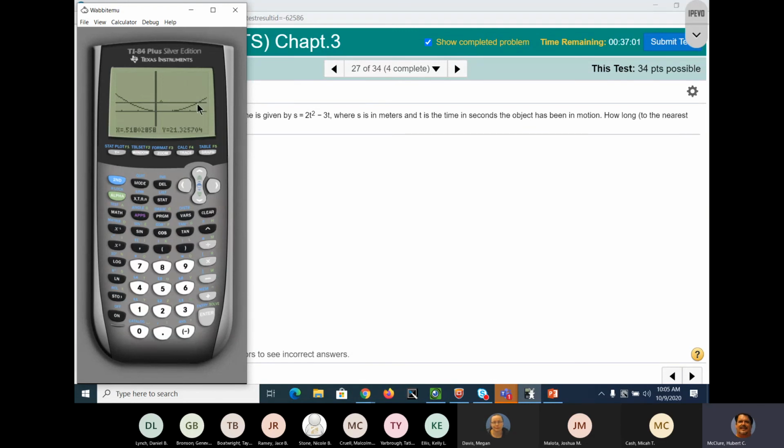And there's the intersection point right there you want. So I'm going to hit second, trace, intersection. That's the first curve. That's the second curve. And my guess is going to be right there.